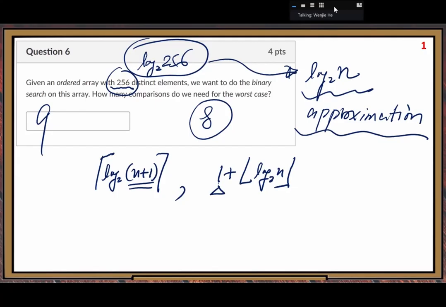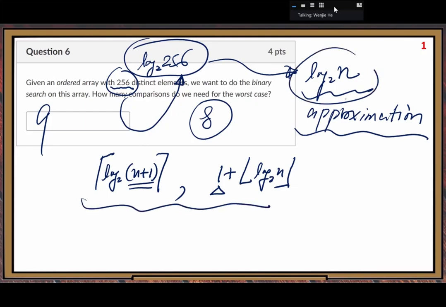So I choose this. This is a power of 2. So then, try to confuse some of the students. Try to check, because only when n is power of 2, then the formulas here and the approximate formula, there is a difference.